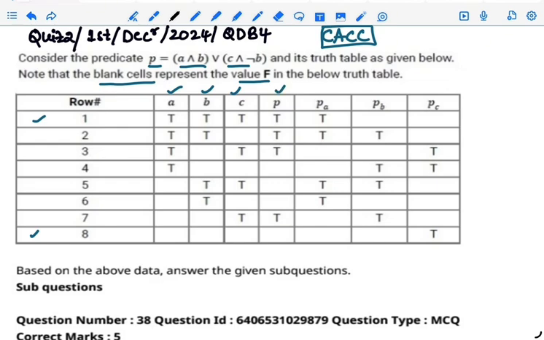PA means the clause A determines P, that is A is the major clause. PB means B is the major clause, and PC means C is the major clause. All these are true and the rest of the blanks are false, given in the question.